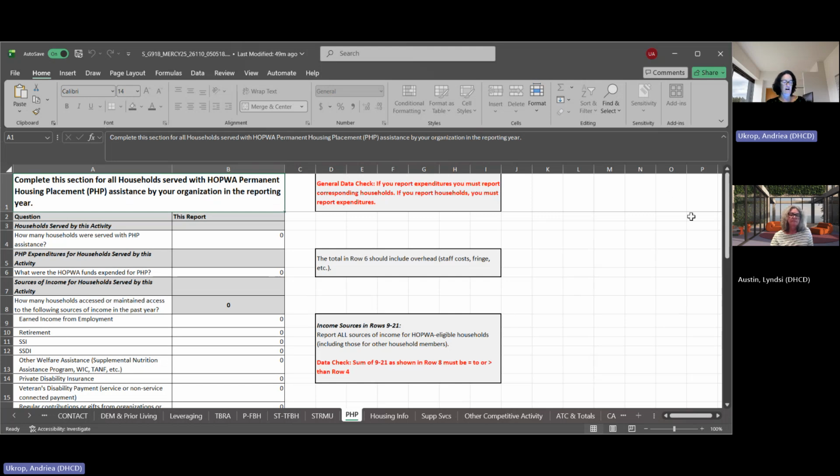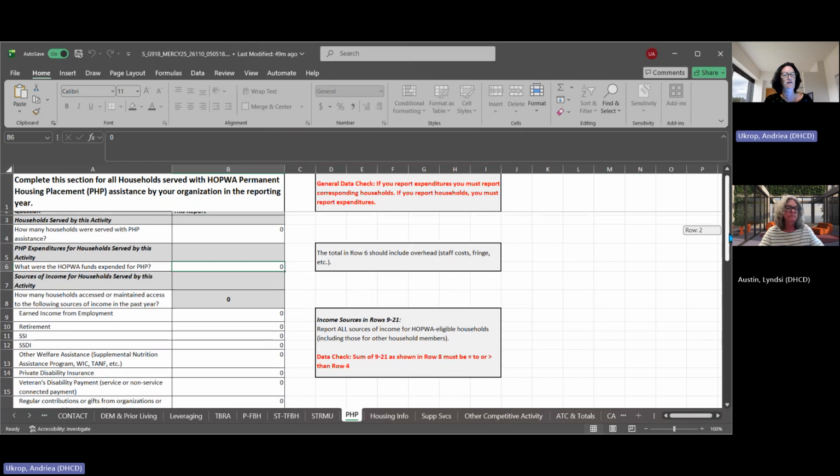And then also, again, the same note about sources of income that must be equal to or greater than the number of individuals served by the assistance, and sources of medical insurance may but do not need to equal the number of individuals served by the assistance. We will also look here at row 6. This needs to be a dollar amount and not a narrative. So this would be the amount of money that was spent on permanent housing placement.